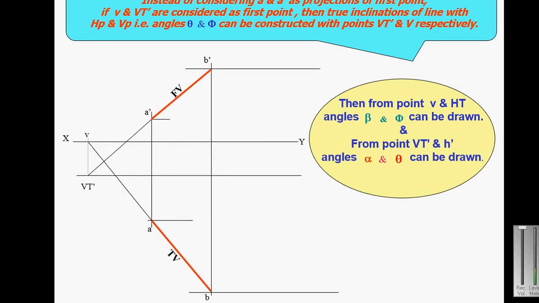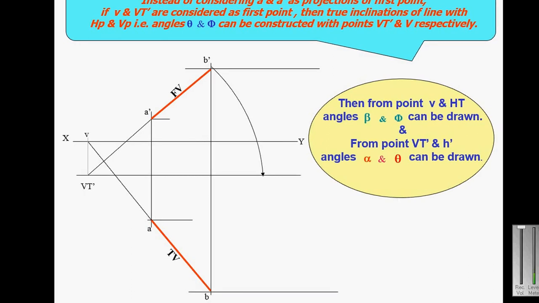This is the front view and top view of a line inclined to both HP and VP. When I extend the front view, you will get the horizontal trace and vertical trace. That construction was also explained in the earlier slides.